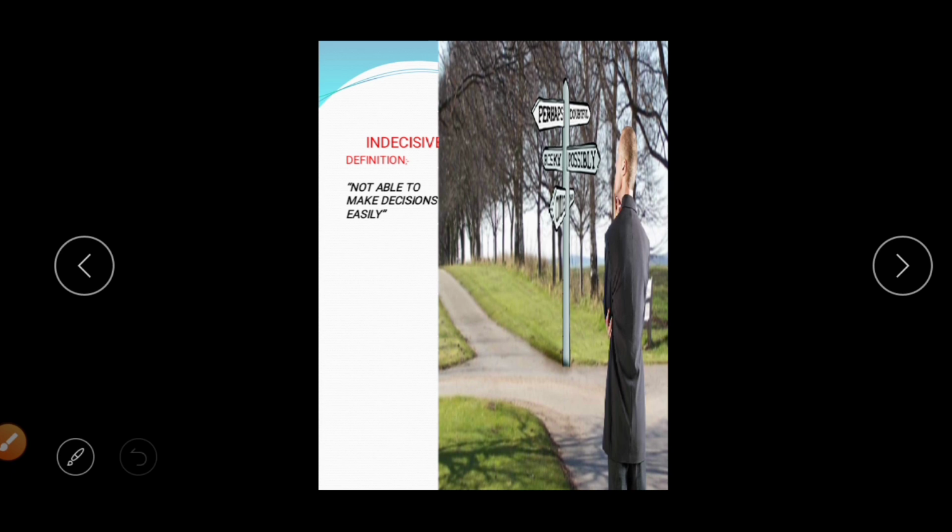In the marriage issue also, she has not opposed. The parents proposed to marry him, and she obliged the decision of the parents. She just followed that. So this shows her indecisive nature.